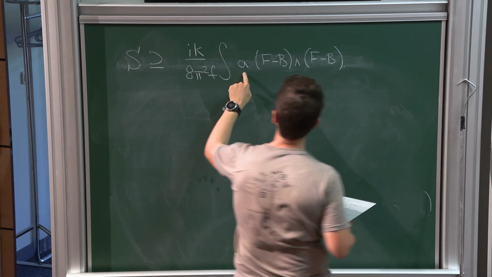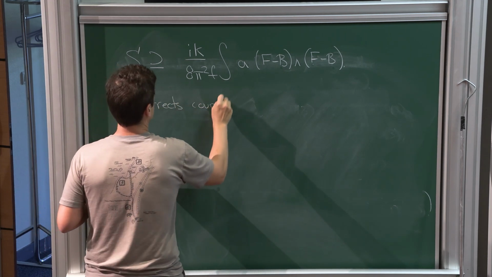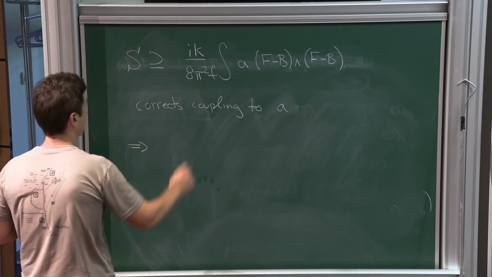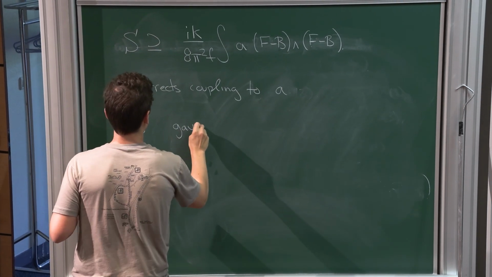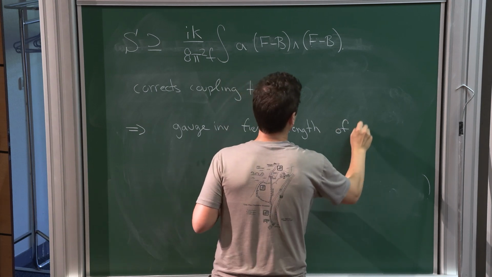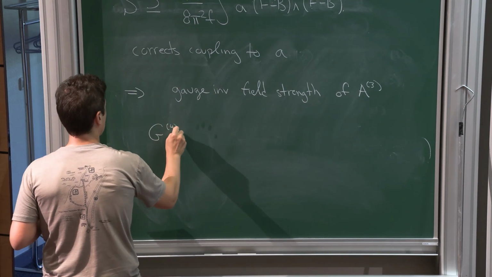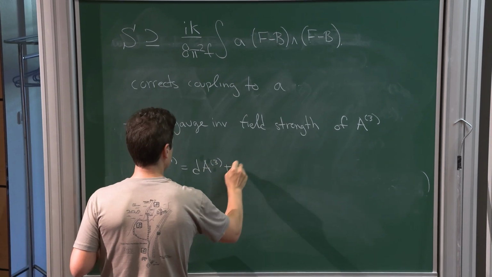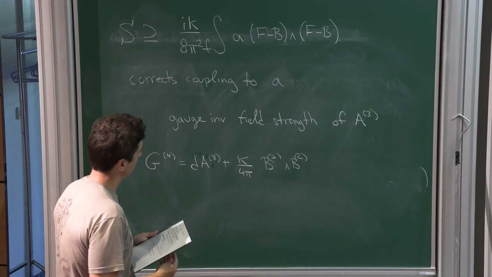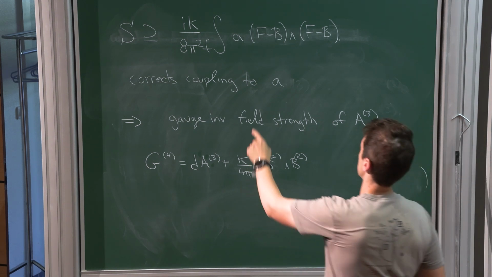What should you notice is that it corrects the coupling to little a by something nonlinear in B. So it implies, in particular, that the gauge invariant field strength of A3 is not just dA3, but we can call it G4, which is dA3 plus k over 4 pi B2 wedge B2. I'm reading this off from the thing that couples linearly to dA, taking into account various quantization conditions to remove an FB term.